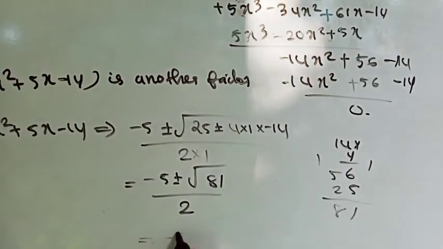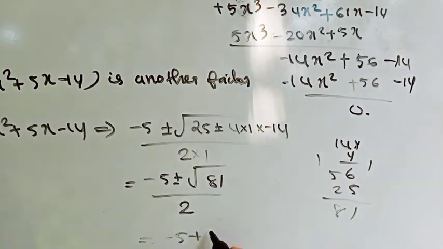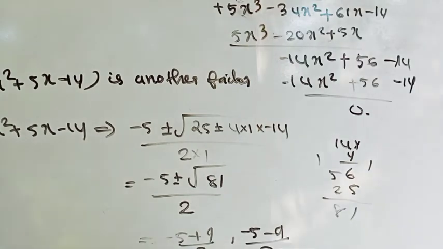This is minus 5 plus 9 divided by 2, and minus 5 minus 9 divided by 2. Minus 5 plus 9 is 4 by 2, that is 2. Minus 5 minus 9 is minus 14, minus 14 by 2 is minus 7. So 2 and minus 7 are the other roots for this equation.